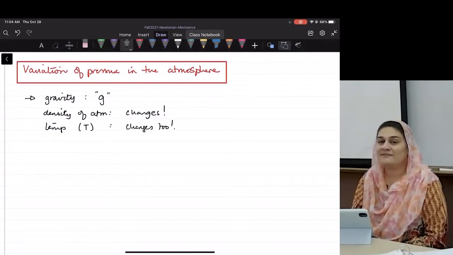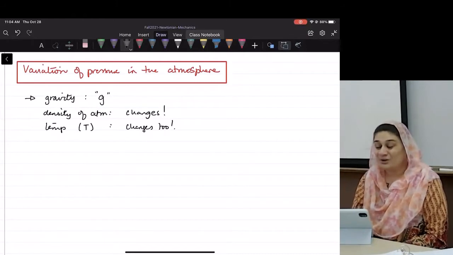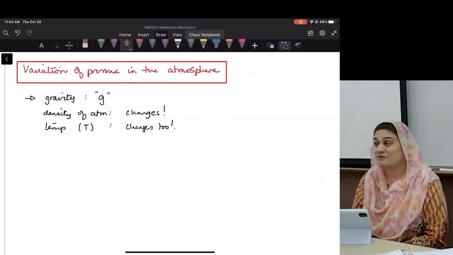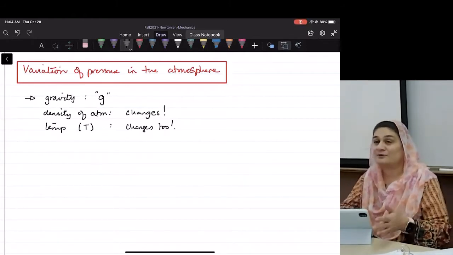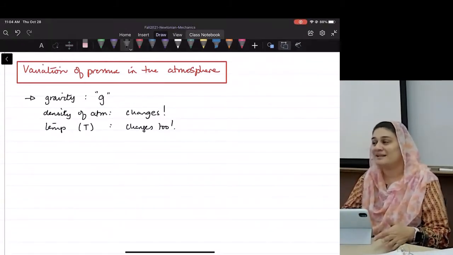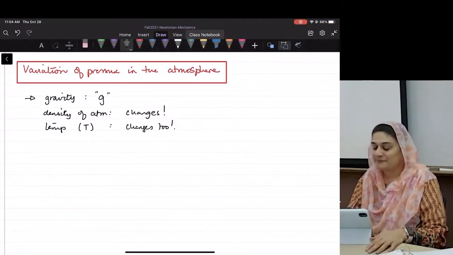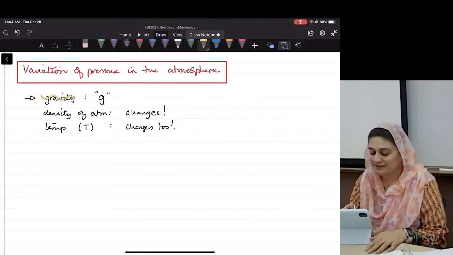Well, we're going to make our life a little bit simpler, and we're going to say, yeah, I know the acceleration due to gravity changes, because the force of gravity changes, but I'm going to pretend that that doesn't affect my calculation. Okay? So I'm going to take this out of the picture.